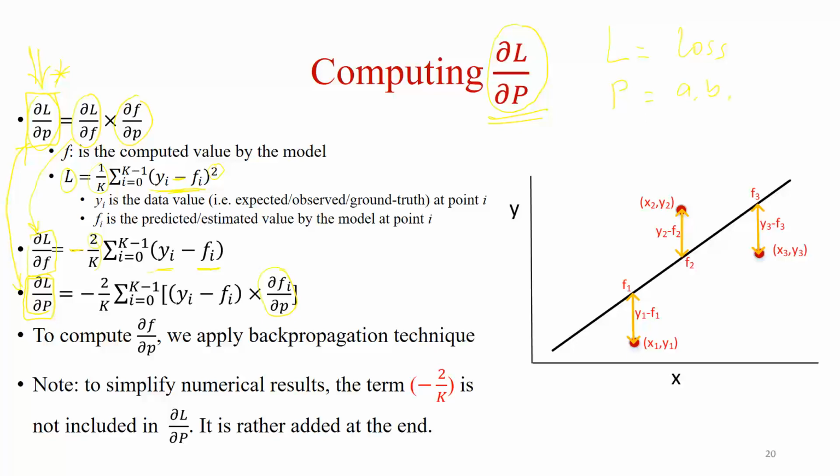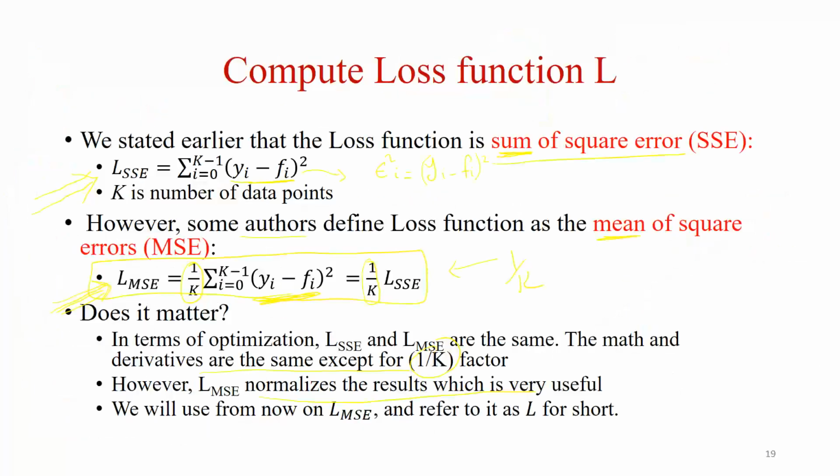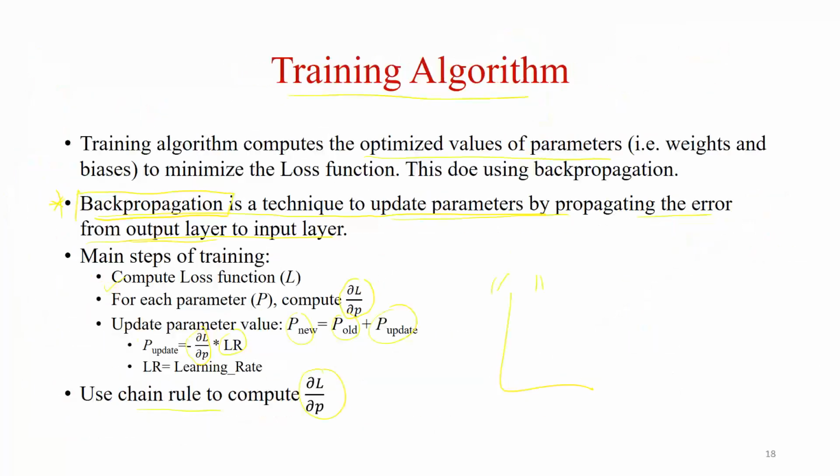Let me just remind ourselves here with the equation. Notice that I use this in the update. See this update right here? It uses delta L over delta P. Okay, that's why I'm after this: how much change I need to make in my parameters when L changes, or when there is an error, because I need to fine-tune.